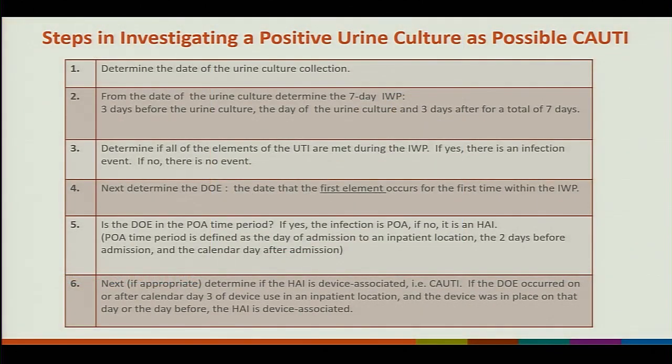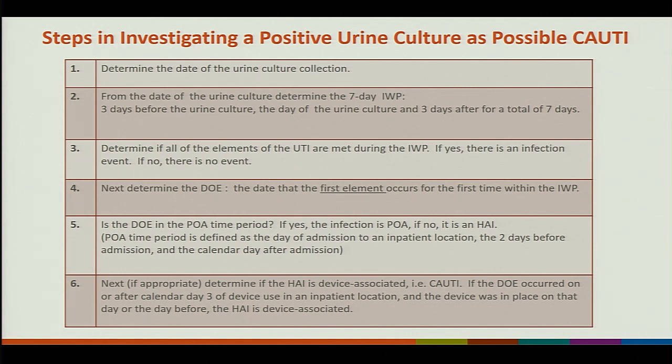So we'll start looking at these. When you go through case studies, I would like for you to follow this pattern each time. You're going to determine the date of the urine culture. If you don't have a urine culture, there's no reason to start an investigation. So get your urine culture. From the date of the urine culture, set your IWP.